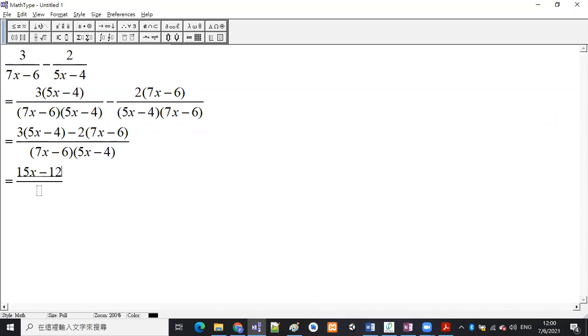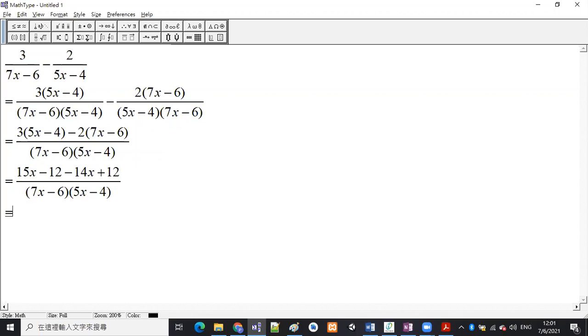15x minus 12, and then minus 14x, and then plus 12. Careful about the double negative. The second bracket is a negative bracket, so it is multiplied by -2. So this one should be double negative, becomes plus 12. Then just copy the denominators.